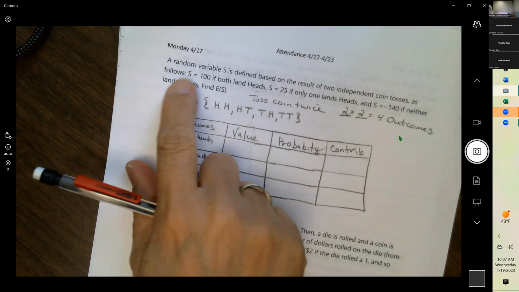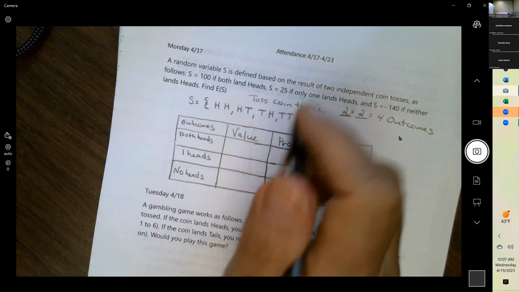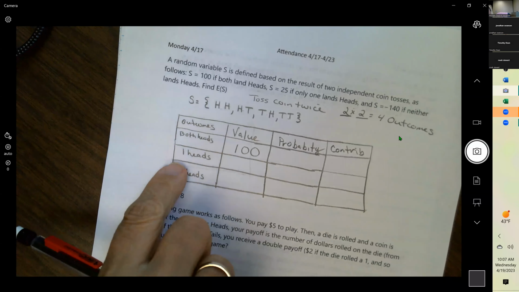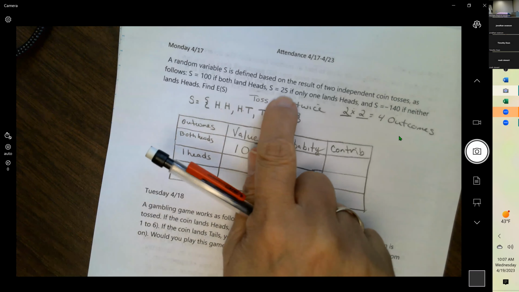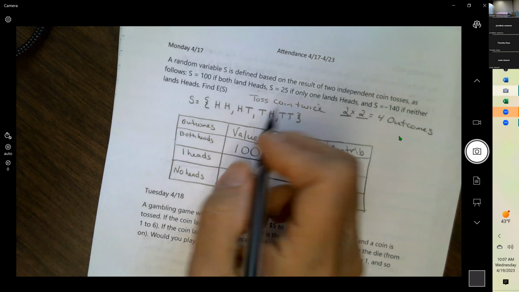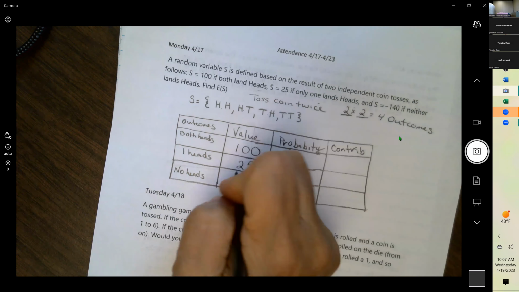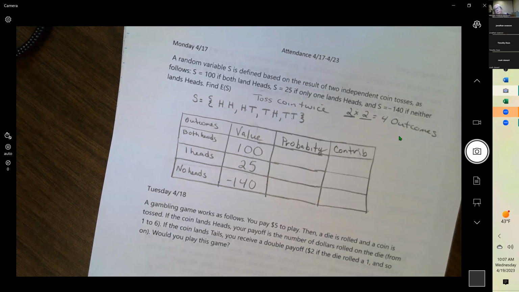Value. If both are heads, 100. One head, S is 25 if there's only one. And if it's neither, negative 140. Any questions on that?